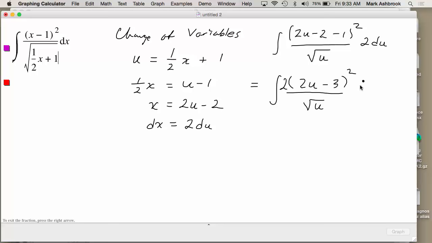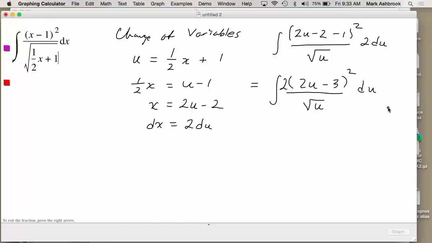It's just algebra from here. It's all algebra, just to get it into a form where we can take the antiderivative.